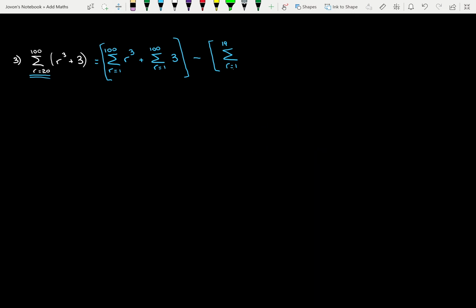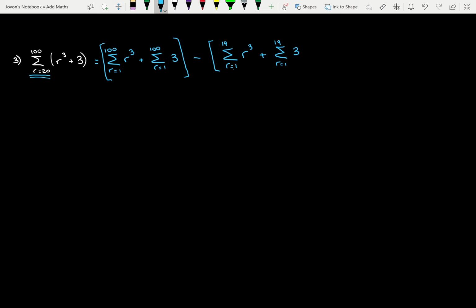So we're minusing the sum from r is equal to 1 to 19 of r cubed plus, because notice this minus sign, I put everything here in brackets so it would distribute, so this plus the sum from r is equal to 1 to 19 of 3.